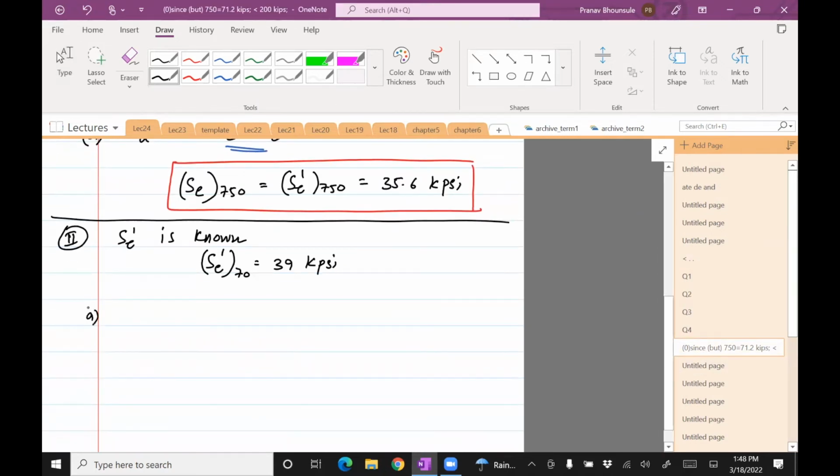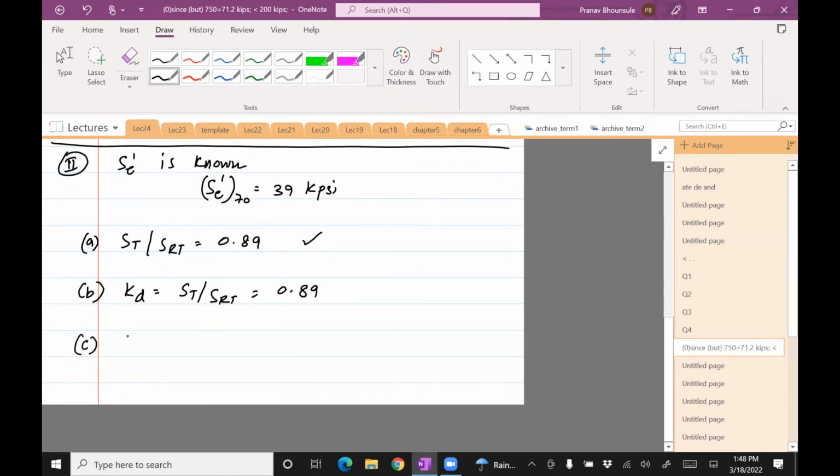So A, ST divided by SRT is 0.89. We computed that. Step B is estimate KD, which is ST divided by SRT, is 0.89.